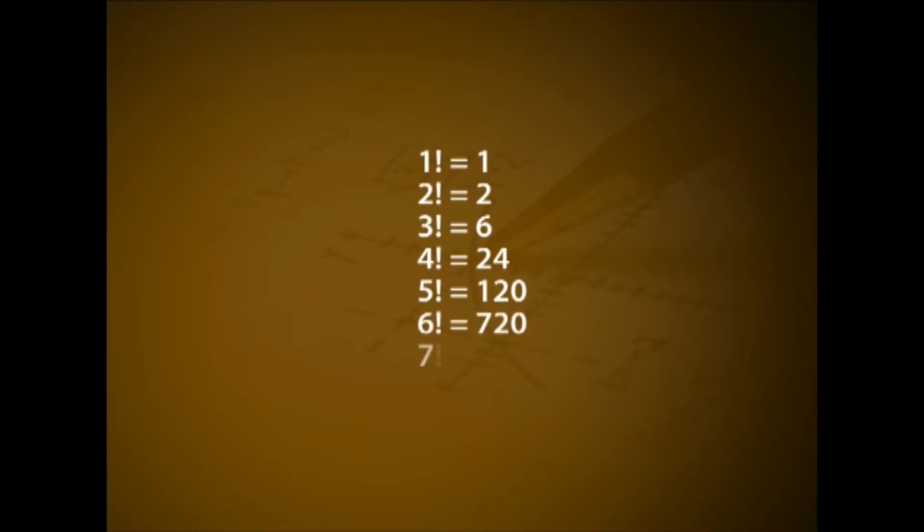A special type of continued product named factorial of a natural number is introduced in this context. For a natural number n, the factorial denoted by n factorial is n factorial equals n into n minus 1 into n minus 2 into etc. into 2 into 1. The factorials of the first 7 natural numbers are 1 factorial equals 1, 2 factorial equals 2, 3 factorial equals 6, 4 factorial equals 24, 5 factorial equals 120, 6 factorial equals 720, 7 factorial equals 5040.